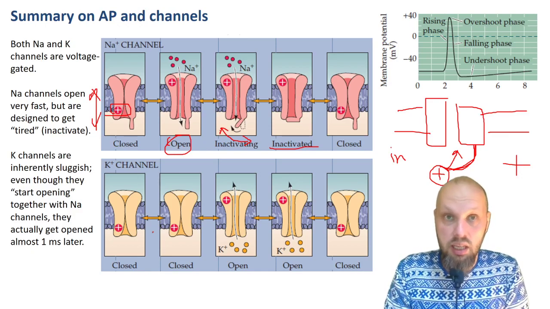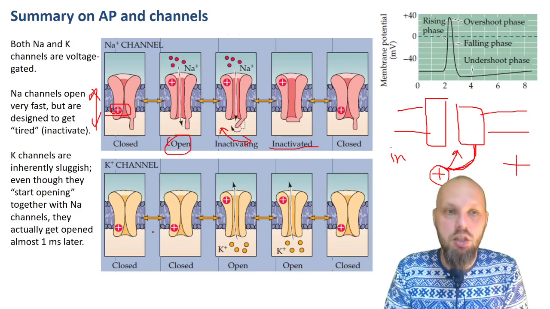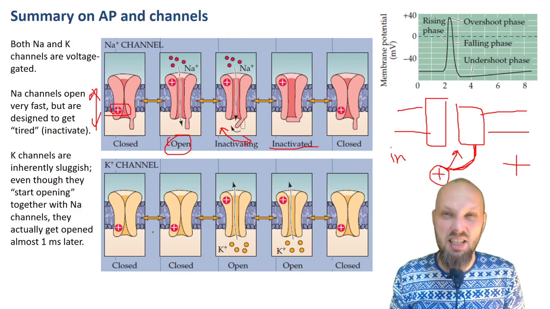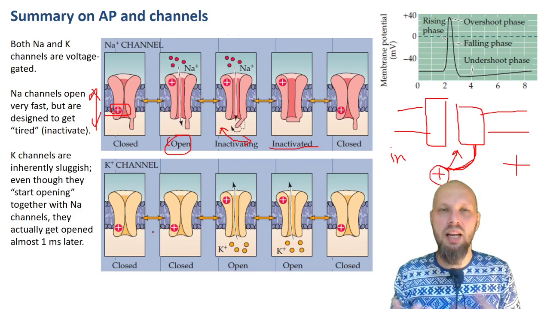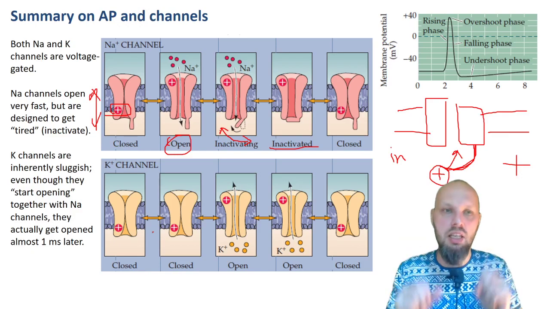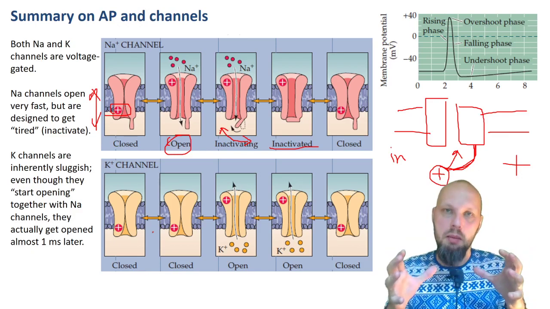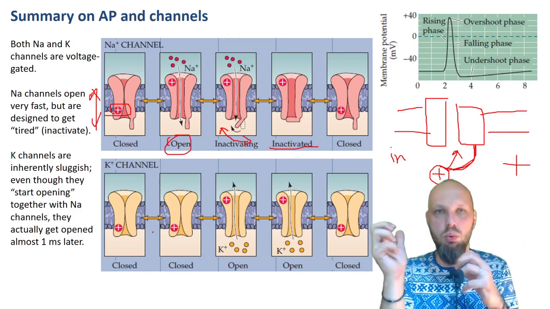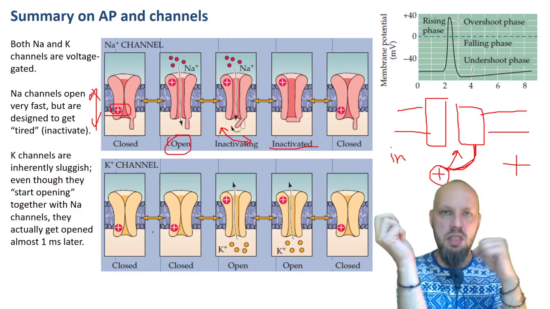But these channels have something that makes them a little bit sluggish. While they start opening together with sodium channels, it takes them a while to open. The way it's done is that sodium channels come in one piece, but potassium channels come in several pieces, and it takes a while before all of these pieces move.